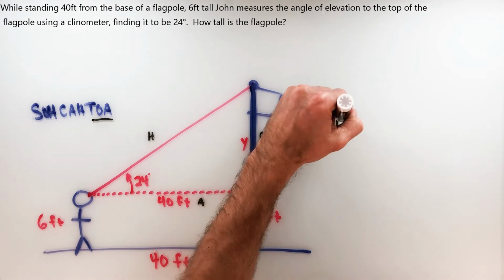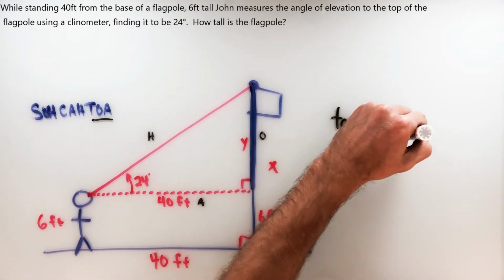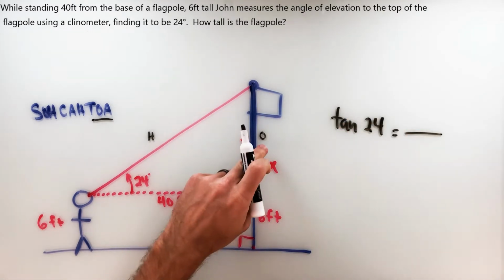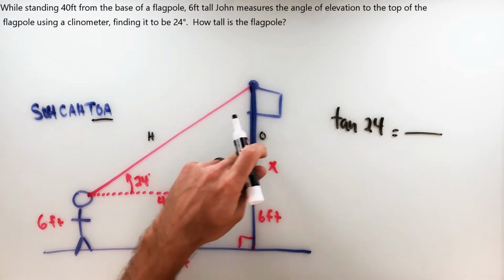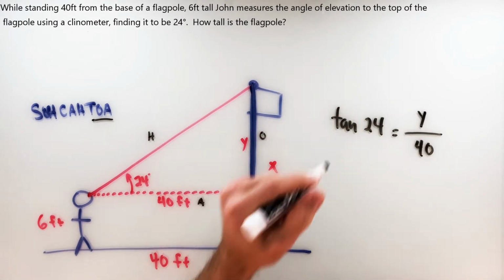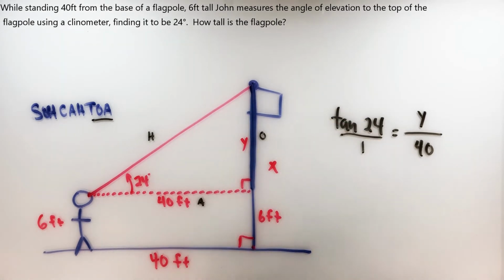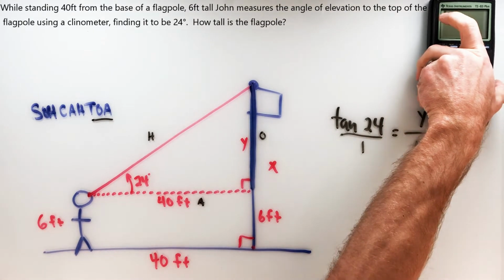So to set this up, I'm going to write the tangent of my angle, 24 degrees, equals, tangent is opposite over adjacent, so that's y over 40. And I put this over 1 to create my proportion. Okay, at this point, I'm going to go to my calculator.